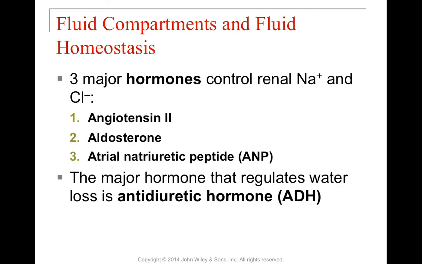All right. We have three major hormones that are responsible for renal, so kidney, retention or release of sodium and chloride. So we have angiotensin II, aldosterone, and atrial natriuretic peptide, or ANP. And you've heard of these before, particularly when we talked about the kidney or renal section. And the major one that we're going to talk about today is antidiuretic hormone, so ADH.